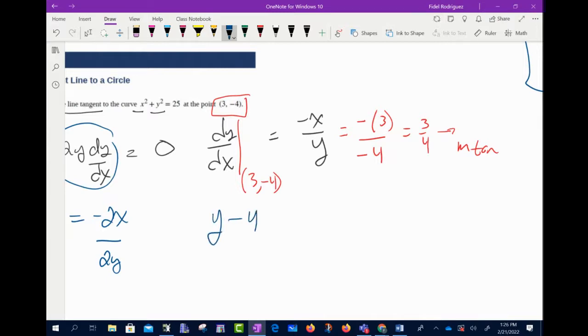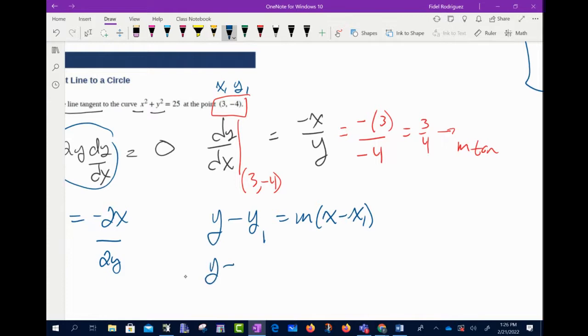We're going to go y minus y1 equals m x minus x1, right? Remember, this is my x1 and that is my y1, right? All right, so let's go ahead and do this to this.